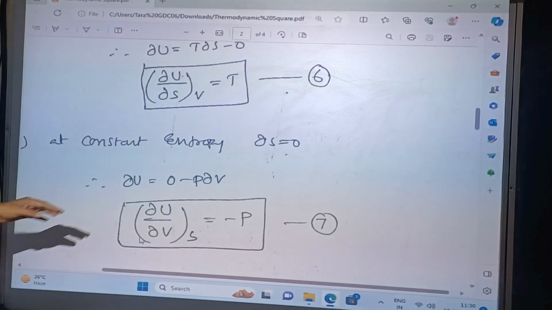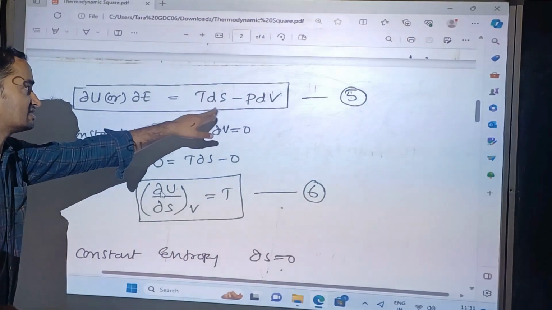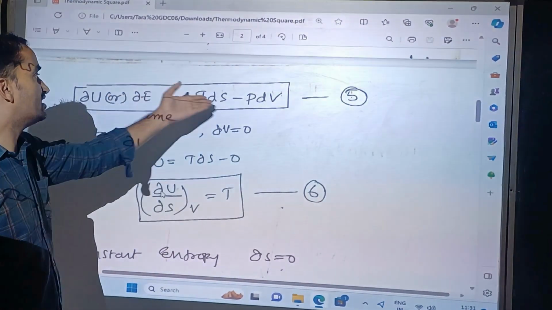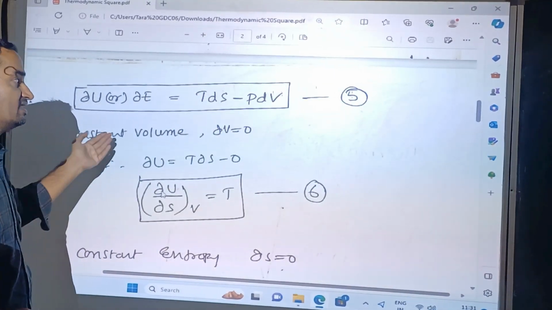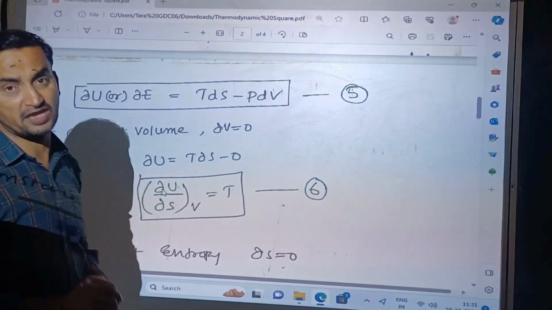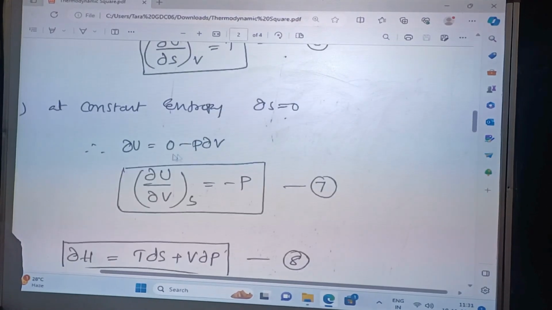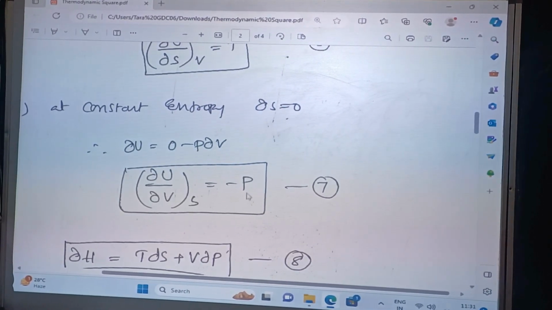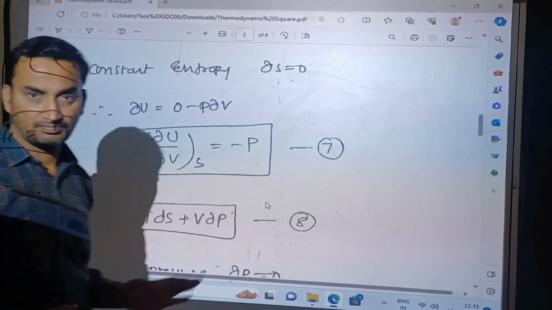Now what will happen? Automatically this term will be 0. At constant entropy this term will be 0, ∂U equal to minus P ∂V. So if we take this ∂V to the left side, at constant entropy we are going to get minus P. That is the seventh relation. So ∂U by ∂V at constant S is minus P. Okay, beta? Yeah.